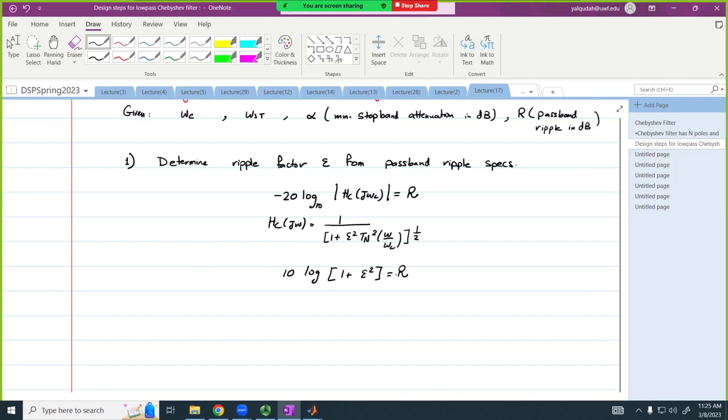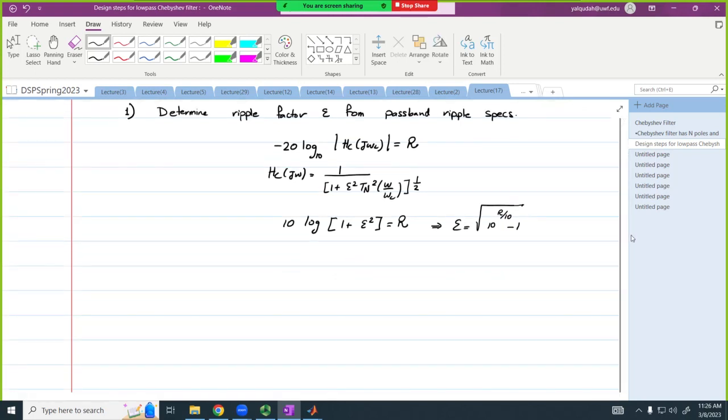Okay, so therefore epsilon is going to equal the square root of 10 to the power of R over 10 minus 1. Now notice that R is independent of the filter order, so epsilon is going to be independent of the filter order.